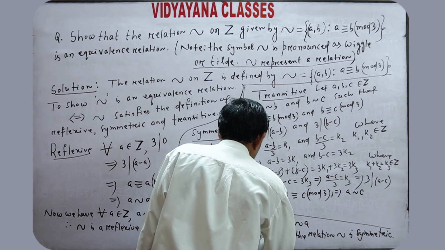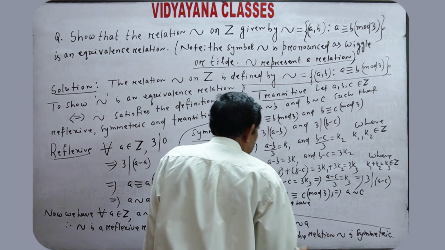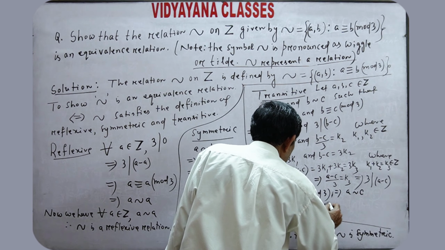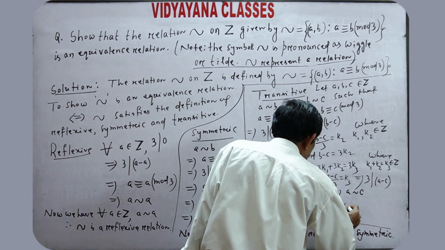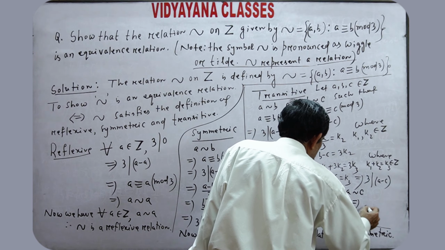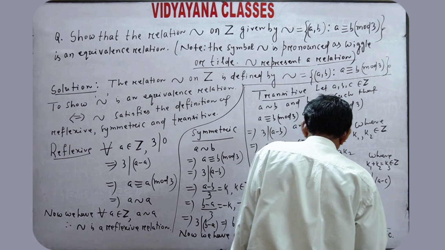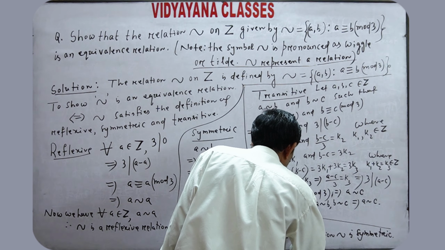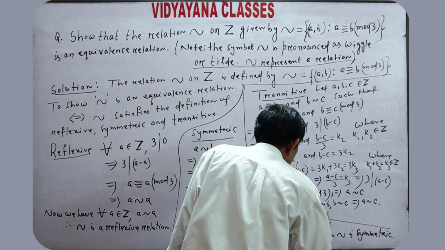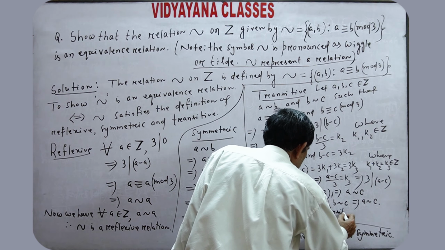Now we have A related to B and B related to C, that implies A related to C. Therefore weakly is transitive.